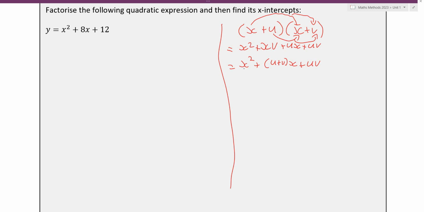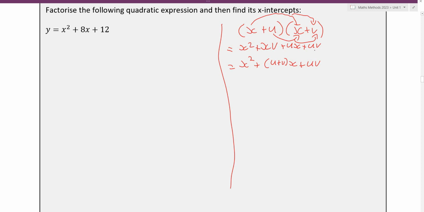Can you see that this equation here, x squared plus (u plus v)x plus uv, looks similar to the one over on the left? We have an x squared, we have some number times x, and then we have some number without an x. Do you agree that they look similar?